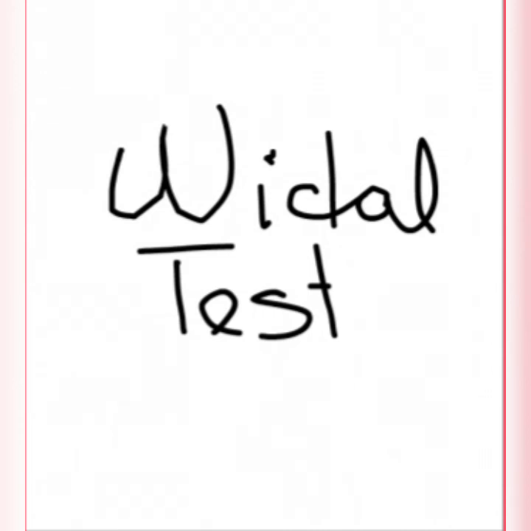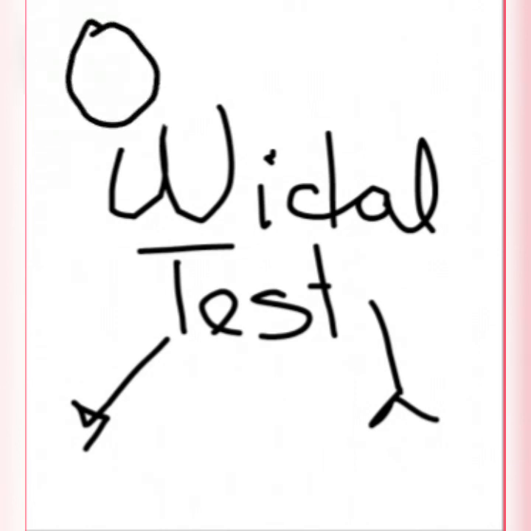Now this is used in certain areas, as I've told you, but this test is not able to identify the organism. Instead, it identifies the antibody titer, which is specific to the antigens present on the cell wall, cell membrane, or the capsule, or even the flagella.